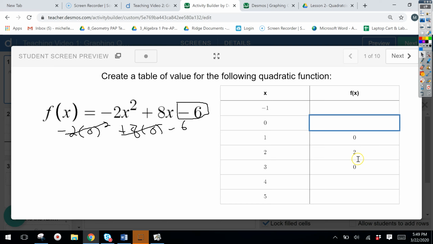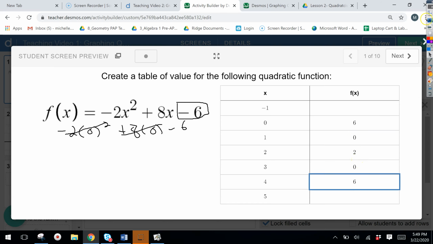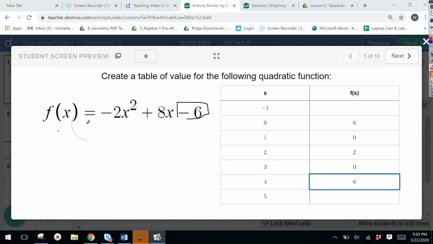So let's go ahead and plug in 6. And obviously, if you plug in 4, you should get 6 as well. And then let's plug in our last number so that we can get our last 2 points. Let's plug in a negative 1. And so you have negative 2 times negative 1 squared plus 8 times negative 1 minus 6.